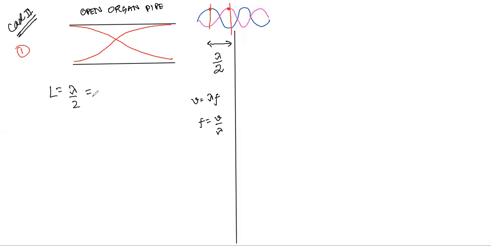So here, instead of lambda, I can write V by F. And we also have lambda is equal to V by F. So here we'll write V upon F, right? 2 will remain as such. Therefore, we'll have L is equal to V by 2F. This is the case of the first one, that is the fundamental mode, right?